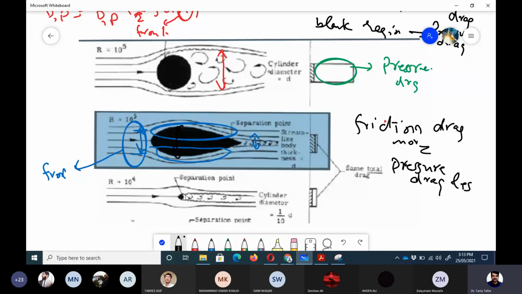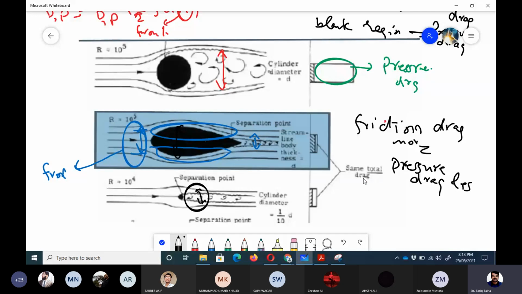and even though this cylinder is very small, because this is a semi-blunt body, the pressure drag would be higher, because you can see that this is the wake region, which is quite big. It is comparable with this, so that's why the magnitude of drag force, which is shown on the right hand side, is written as the same total drag.